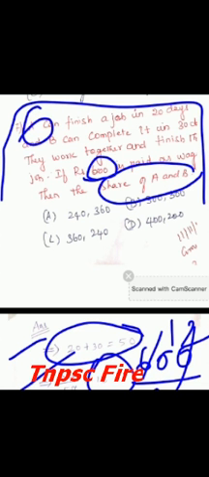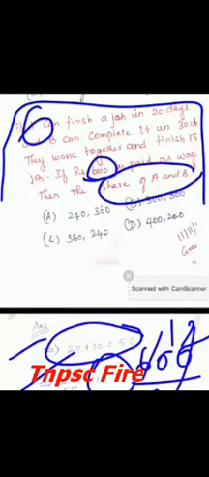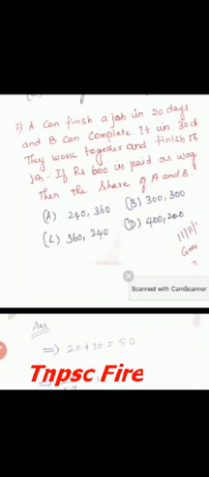So A has the efficiency to finish the job in 20 days itself when compared to B. B can complete that same job in 30 days. So we compare A and B efficiency.